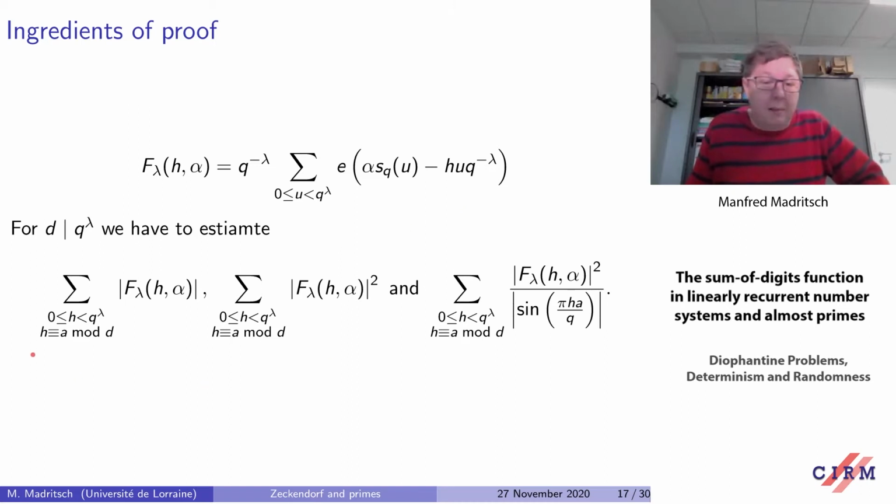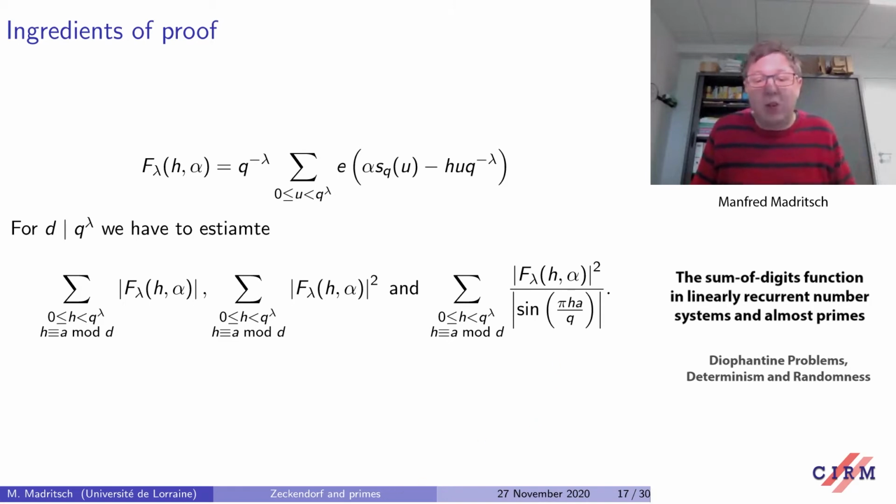They need some kind of an L1 estimate, an L2 estimate, and a weighted L2 estimate in order to make their proof go. So these are small ingredients, there's a lot else, but in fact you need an L1 norm, an L2 norm, and a weighted L2 norm.